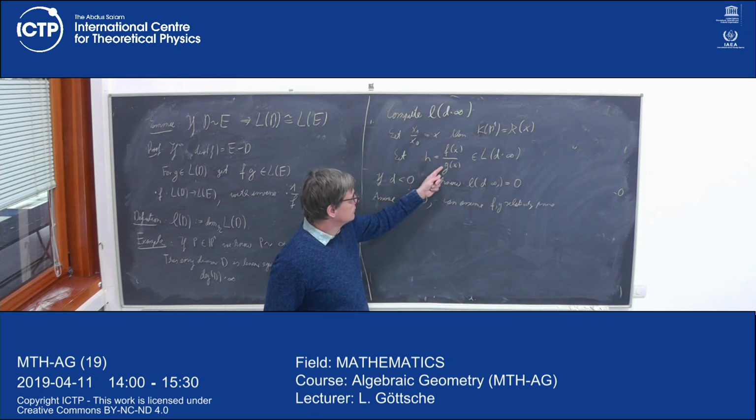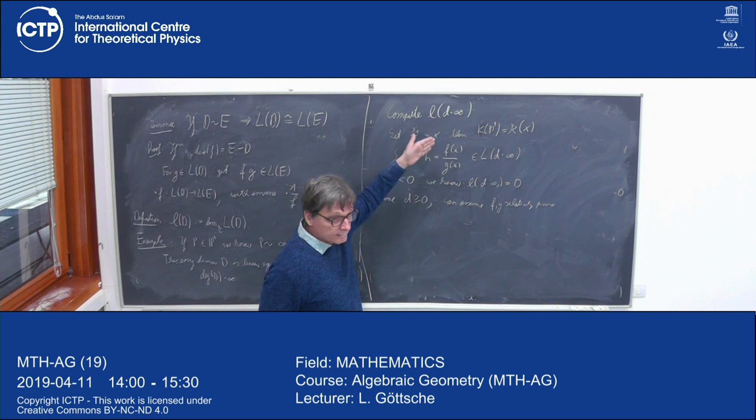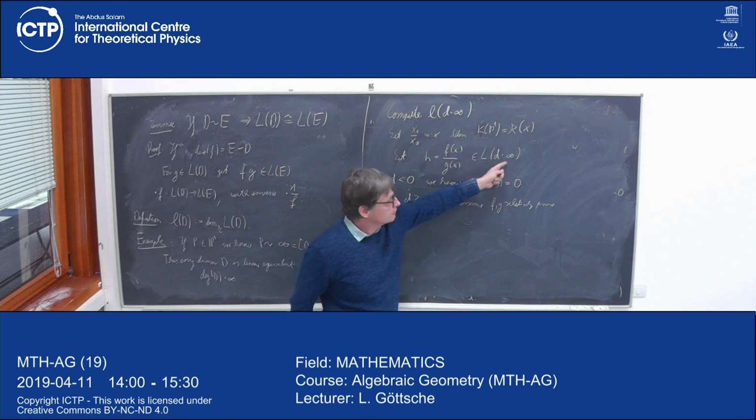Any zero of g would be a pole of h in A1. But we don't allow poles here.